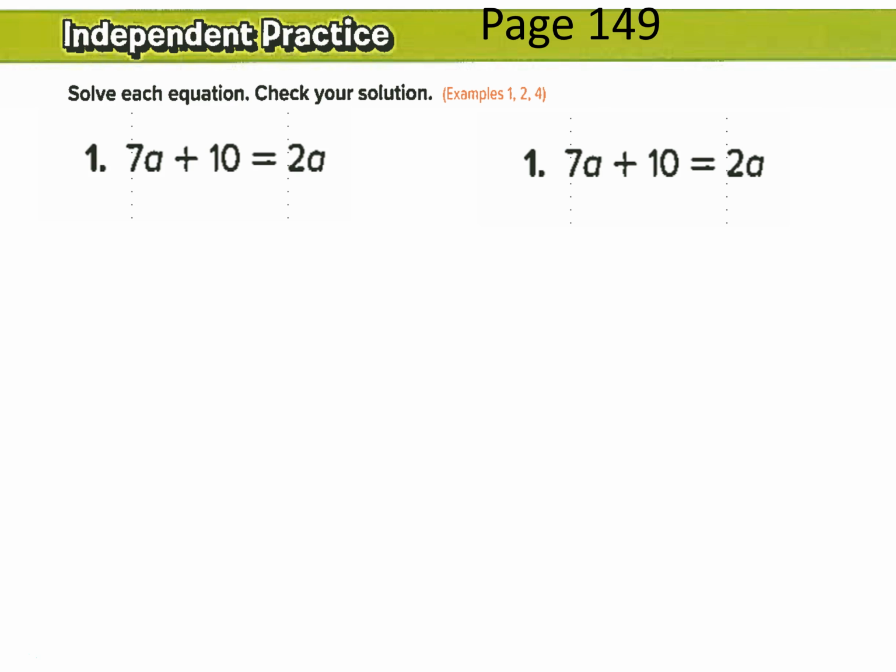So I'm going to do each problem two ways. I may move a little fast, but I want to cover both ways, depending on which way is easier for you. Here again we have the same problem, with a on the right side and a on the left side. One way is you can think whenever you cross over, the sign changes.